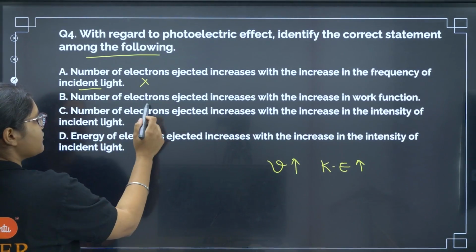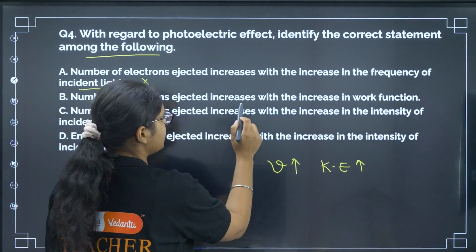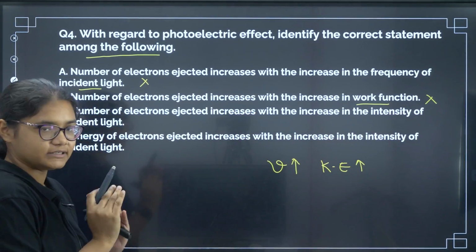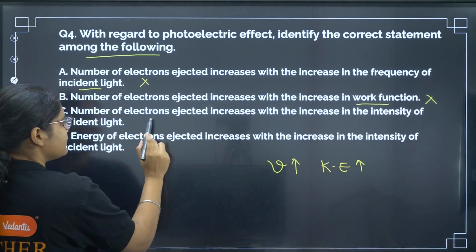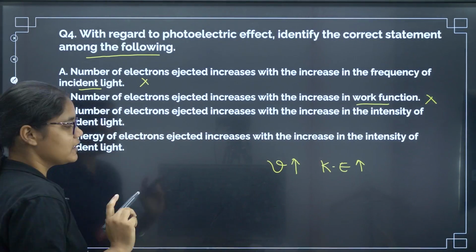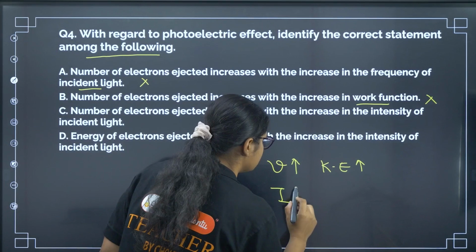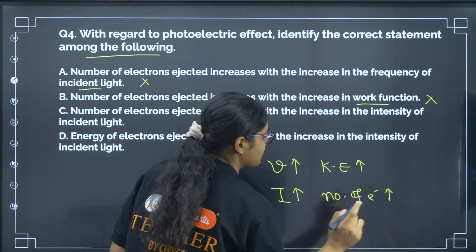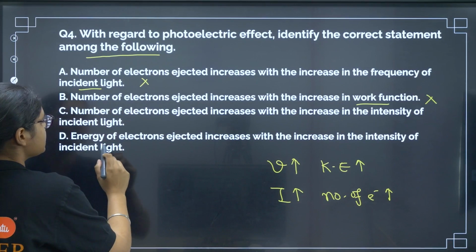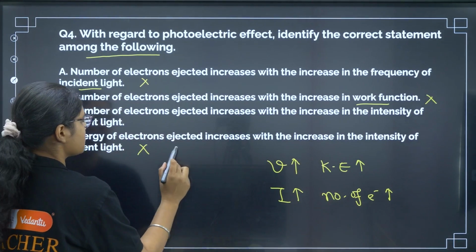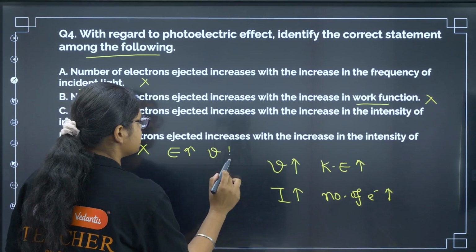Second statement, number of electrons ejected increases with the increase in work function. This is incorrect, there is no relation between that. Now, number of electrons ejected increases with the increase in the intensity of incident light. If the intensity increases, then the number of electrons ejected will also increase. This statement is correct. Next, energy of the electrons ejected increases with the increase in intensity of light. This is also wrong. Energy will increase if frequency increases.